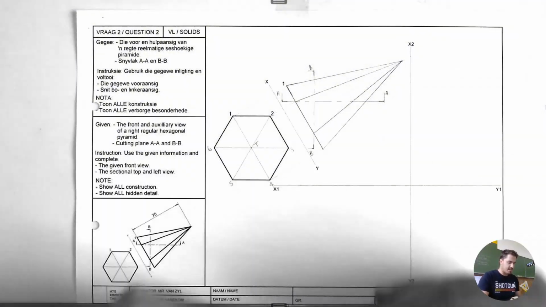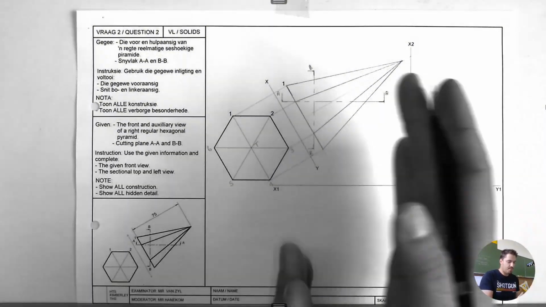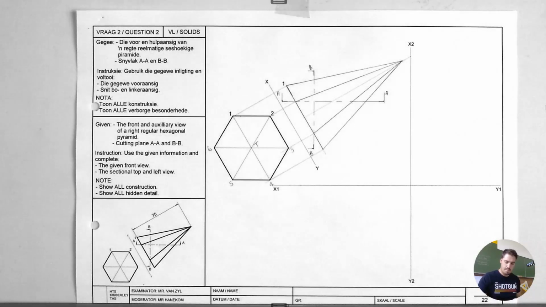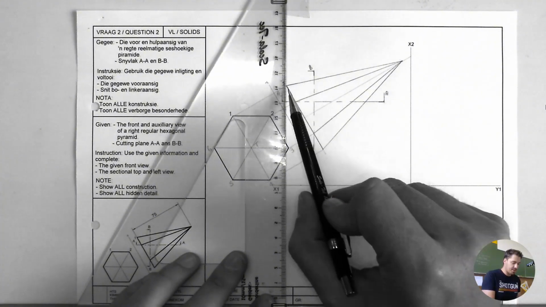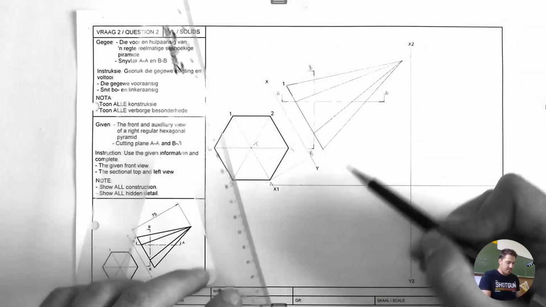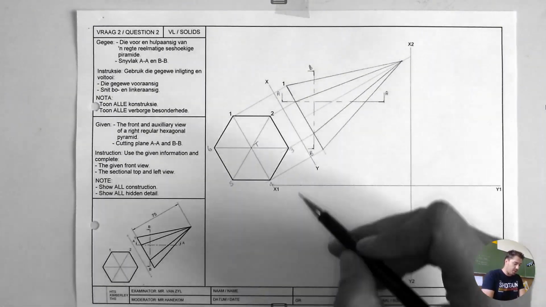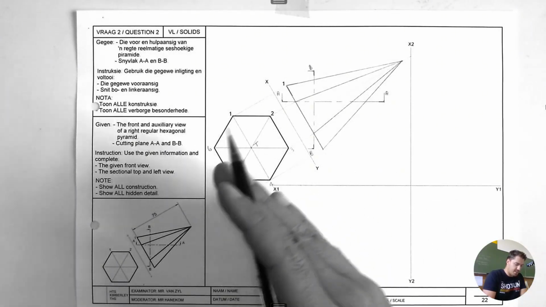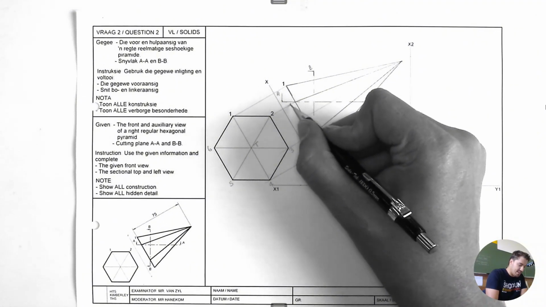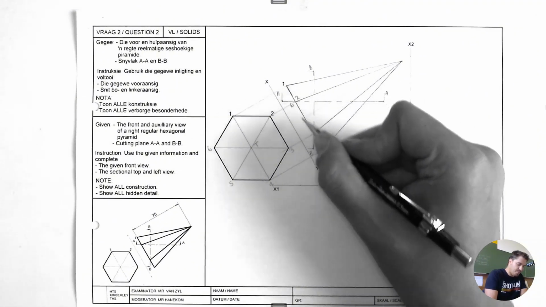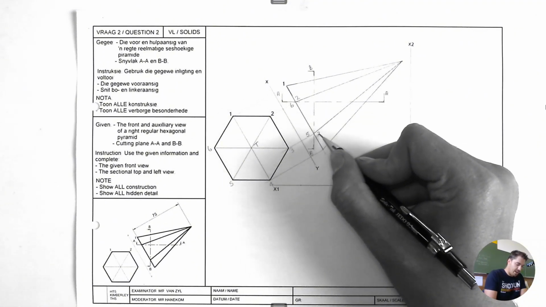Next, it starts projecting for the top view and the left view. I'm going to do the top view first. I always find it easier. In this case, all these points have to be projected down. I almost forgot to label. As soon as the auxiliary falls over the XY, I'm looking at 6. At the back you have 2. Looking at 5, at the back you have 3.